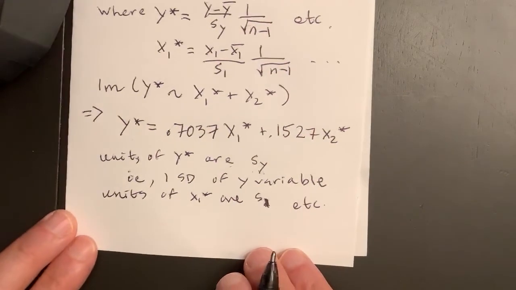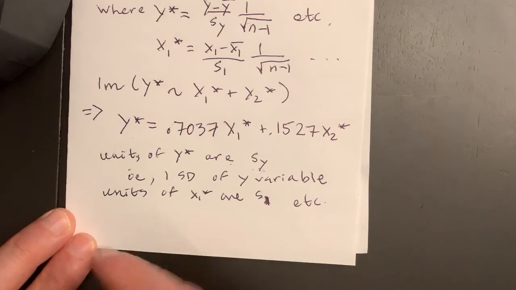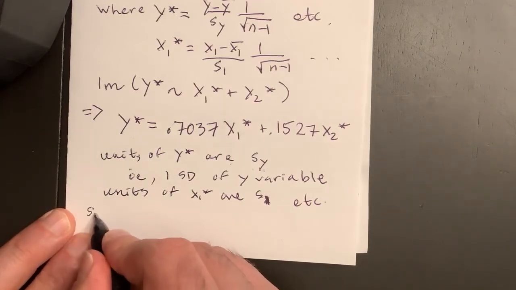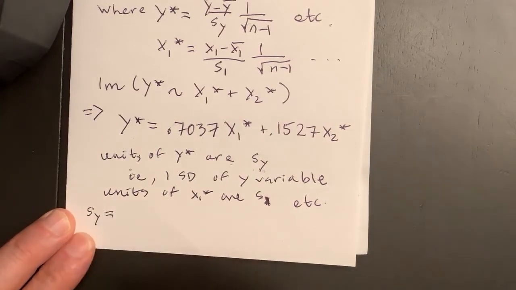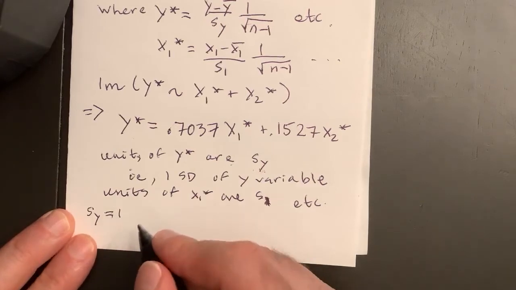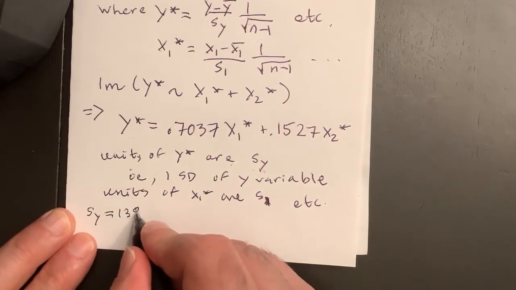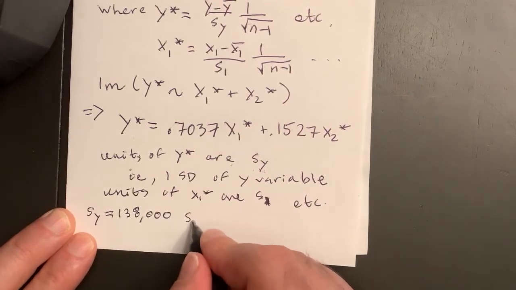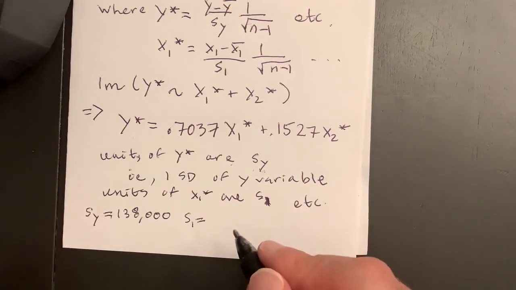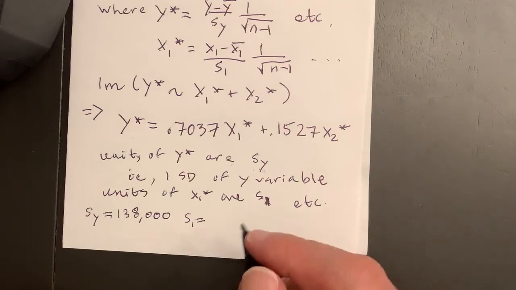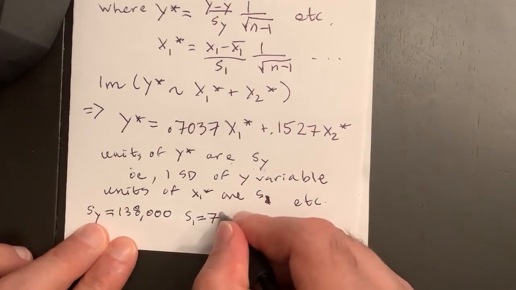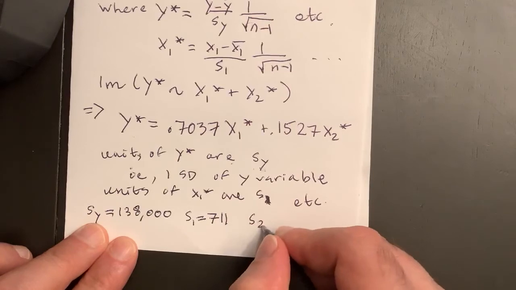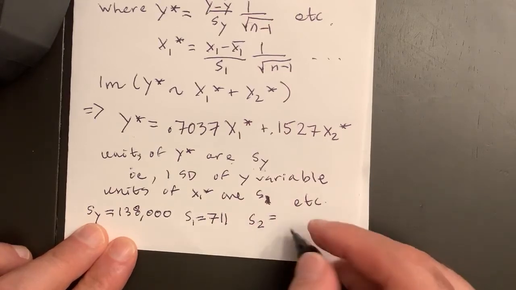Now, I did compute these, so just to give us an idea of what they are, this was done on the computer for this data set I had. Let me just round it. It's not perfectly rounded like this, but we will do this. So from the computer, S1 is 711, and S2 is about 1.